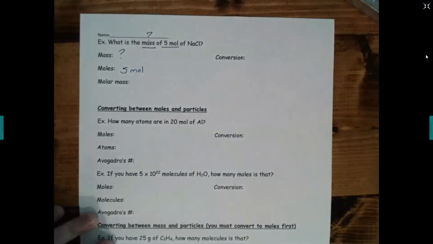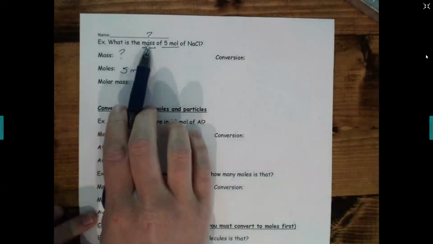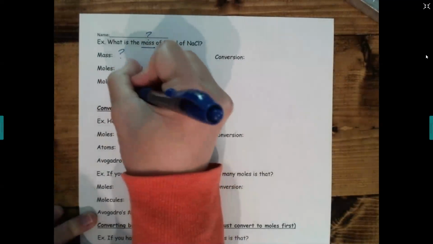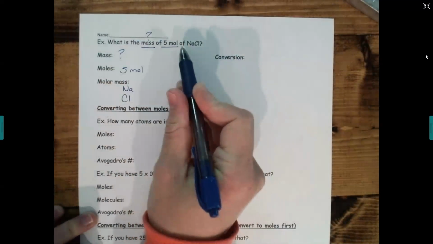But like I mentioned earlier, anytime you are converting between grams and moles or moles back to grams, anytime you see grams or mass in the problem, you need to find the molar mass. So in this problem, I only have 1 of each.